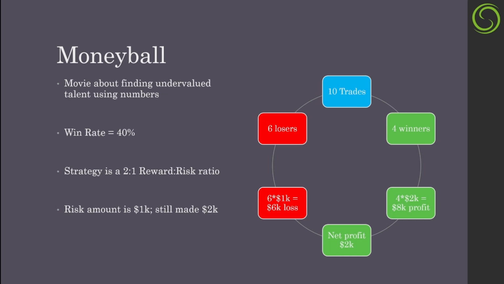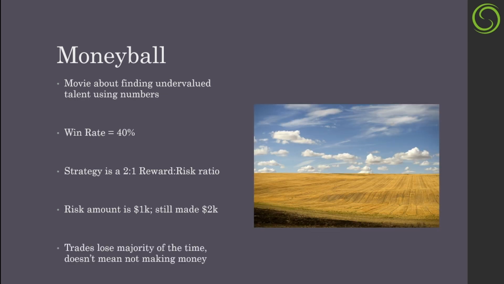Subtracting the $6,000 in losses from the $8,000 in profits would generate $2,000 in net profits. So, even though the strategy has less than a 50% win rate, doesn't mean it isn't bringing in value from profitability. As time goes on, you will learn to find strategies that are better than 40% and manage trades better so you aren't losing your whole R on losing trades.